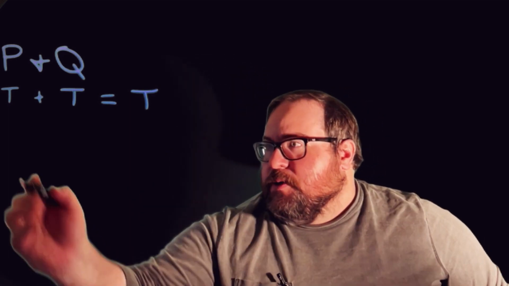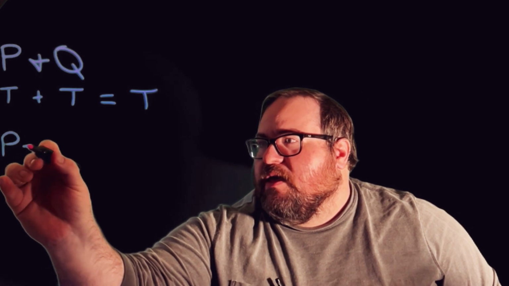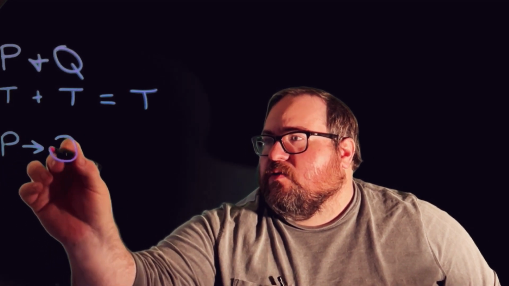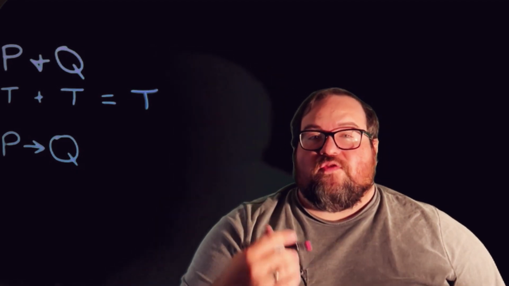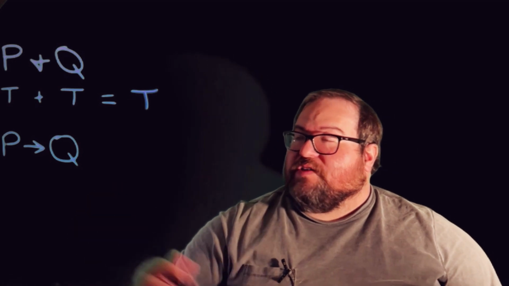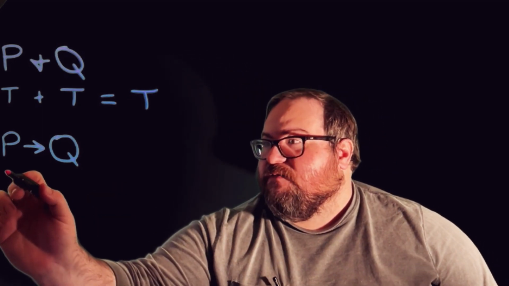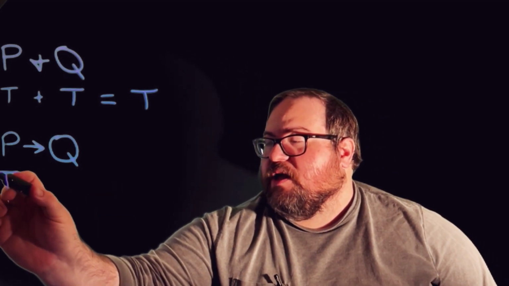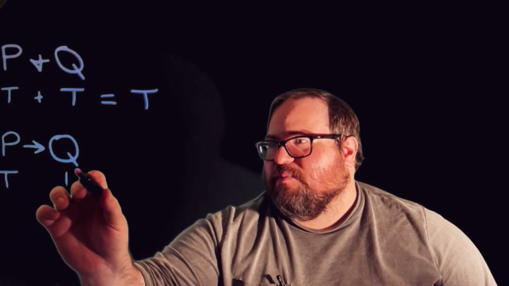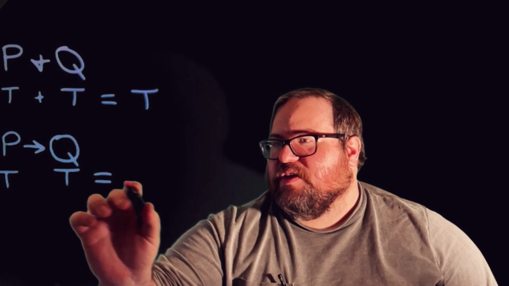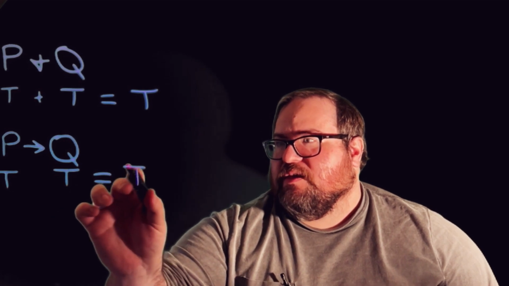When we get to a conditional statement, if P, then Q, we have a couple of scenarios where this can be true. For example, the first one is if you want to make an omelet, then you need to break some eggs. This is a true statement because both of these are true.